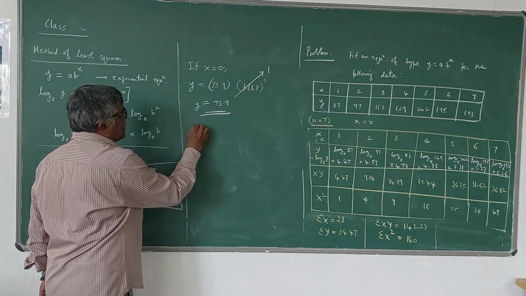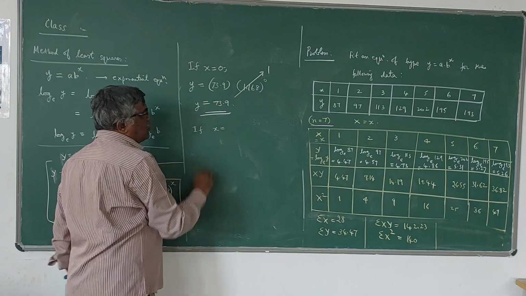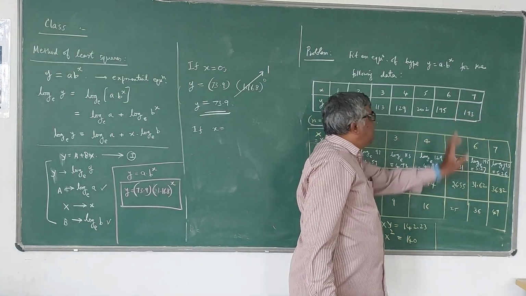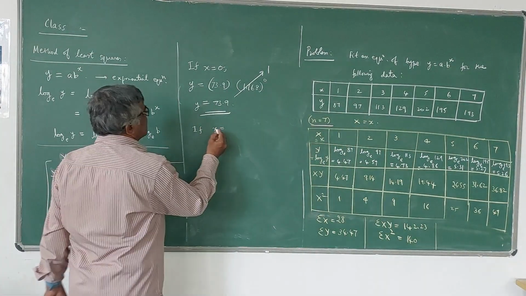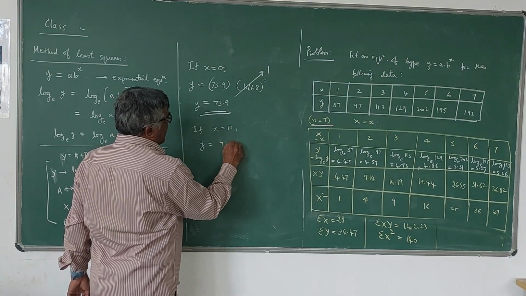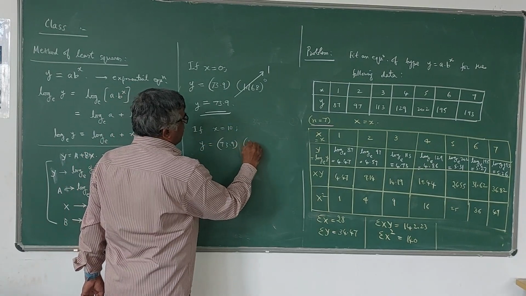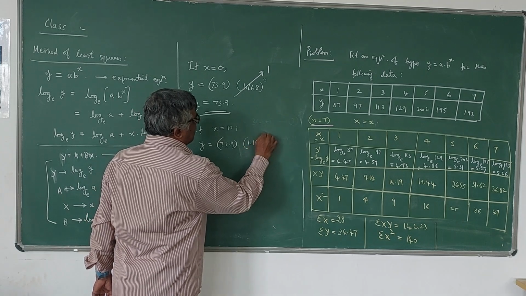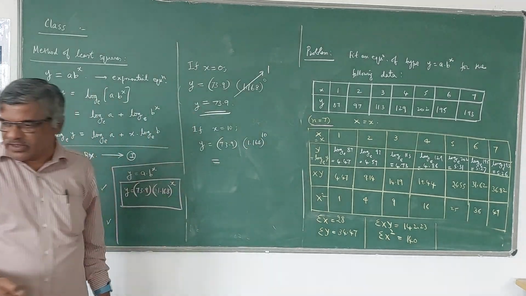Similarly, you can extrapolate also beyond the 7 values he has given. If I want the value at x is equal to 10, y is equal to 73.9 into 1.168 to the power of 10. You have to put the value of x as 10.